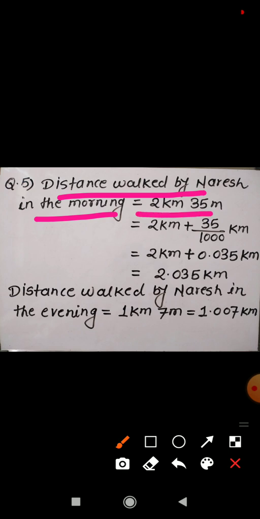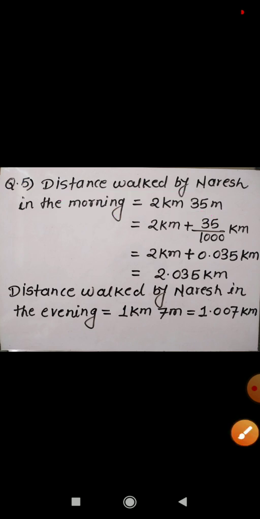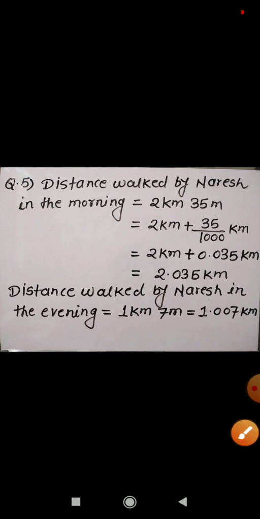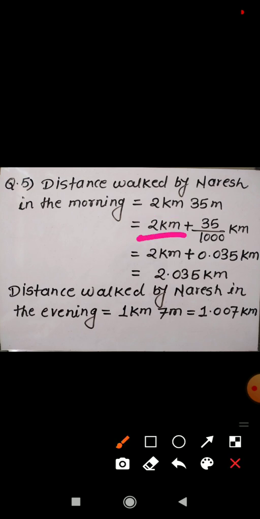Now here again, you can see the distance is given in kilometer and meter. But for solving we need to convert them into one unit only, right? So you can convert it into kilometer or you can convert it into meter. As you can see, I have converted them into kilometer. Now 2 kilometer I have kept as it is.